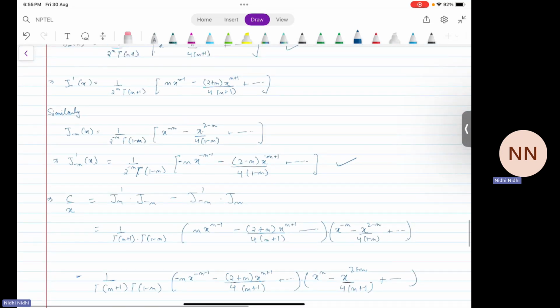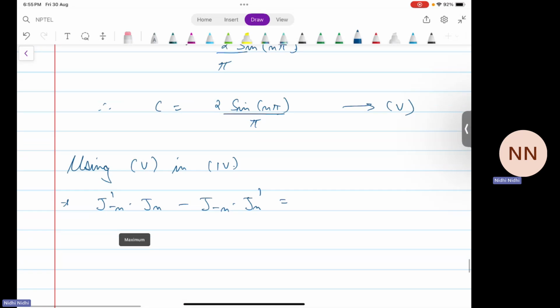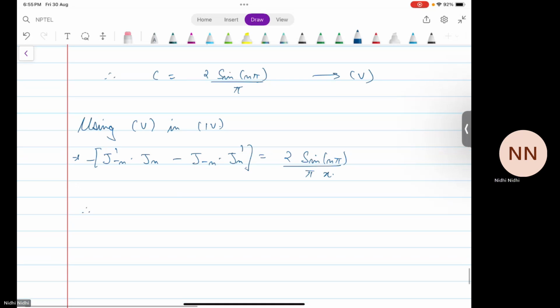V was J_n dash times J_{-n}. So negative of this is equal to c, which is 2 sine n pi by pi x. Therefore, this is what we wanted to prove: J_n J_{-n} dash minus J_n dash J_{-n} is equal to minus 2 sine n pi by pi x.